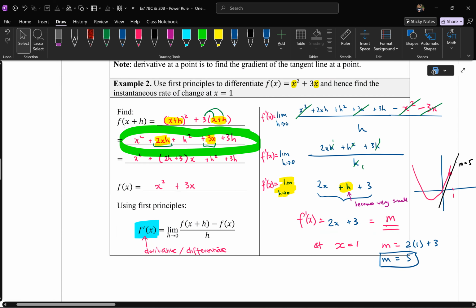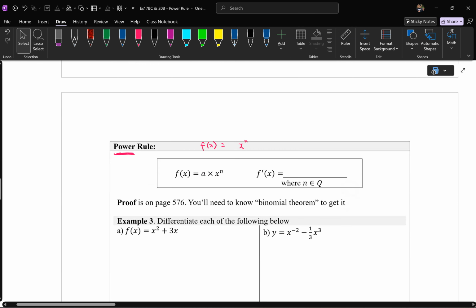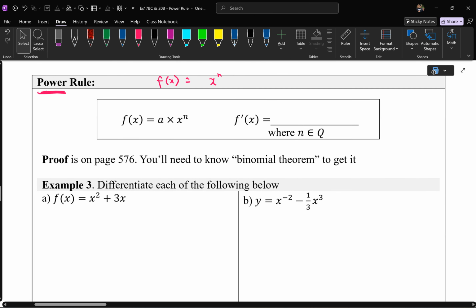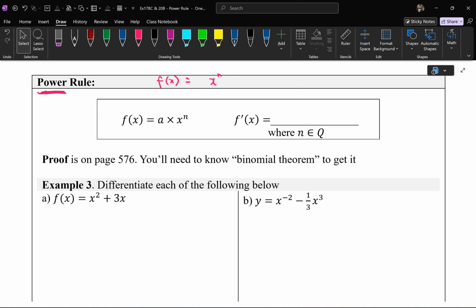So you did all of this before to get to this point. You can now get to this point without doing all of that because someone out there, some mathematician, has already worked out the proof and it only works for power rules. Okay, so if you want to know the proof, it's on page 576 of your textbook, but you don't need to know that. Here's the rule. Copy this down.